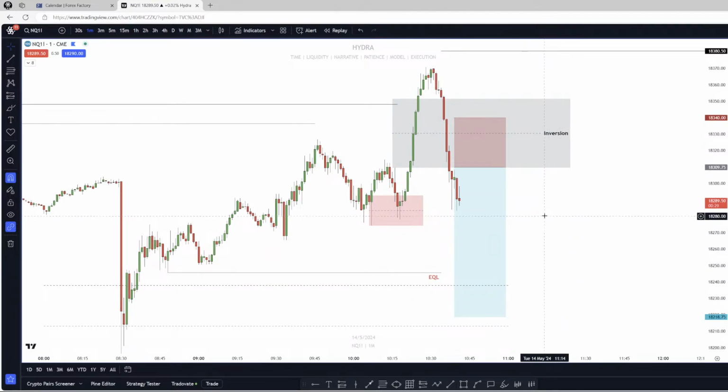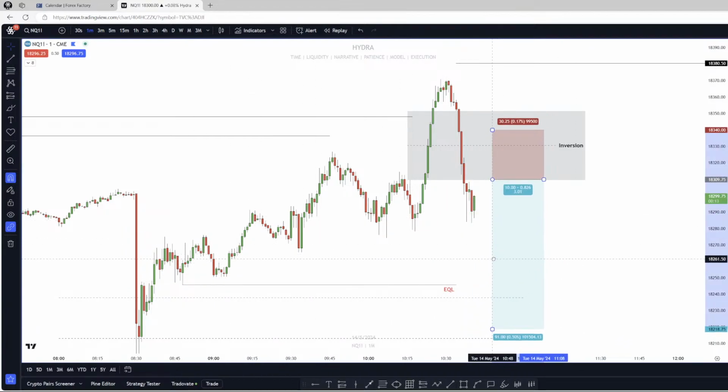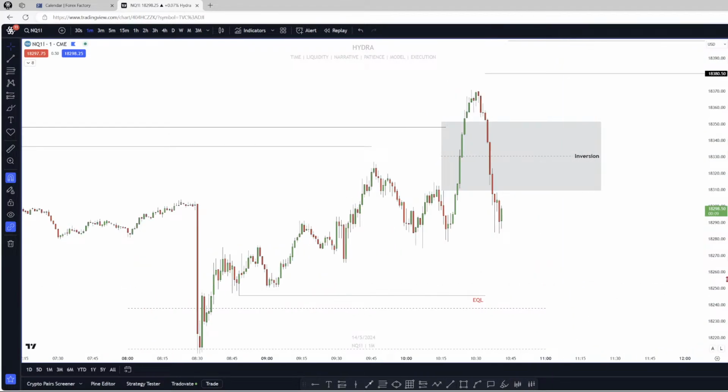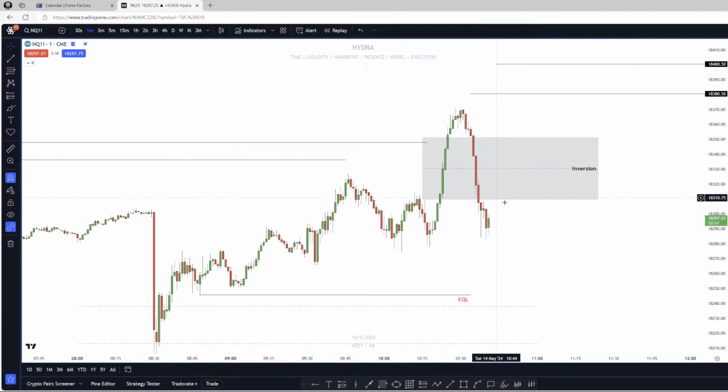SMT down. I feel like we'll go lower. I think this SMT won't hold, this bullish one that we have now with ES and Dow. I feel like we're going to be reaching for this equal now, that it's becoming too clean for a liquidity. So I'm going to wait 9 minutes and 10:50. If price is still inside this level here, this inversion at 10:50, then I'm going for a short.